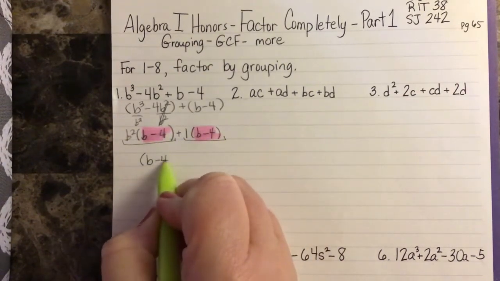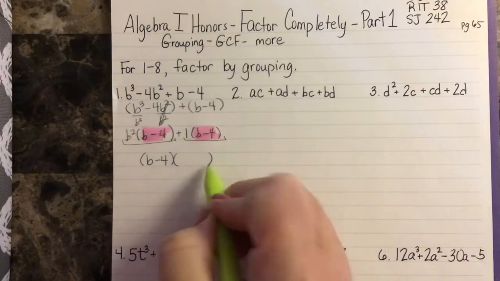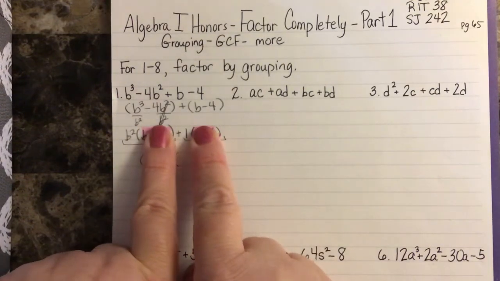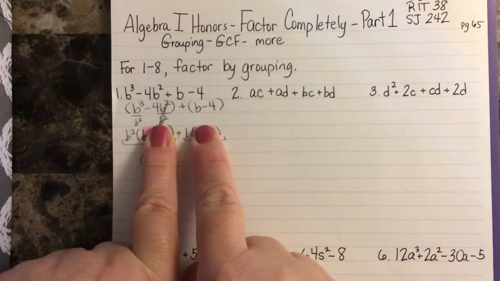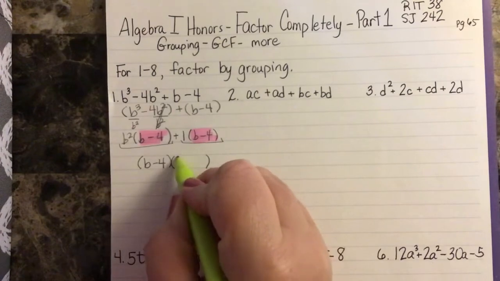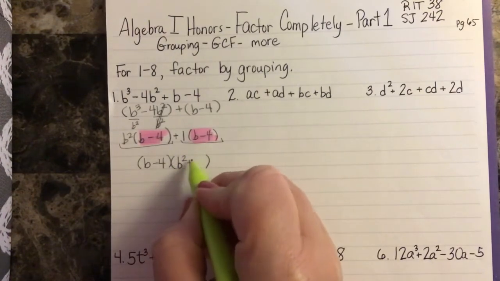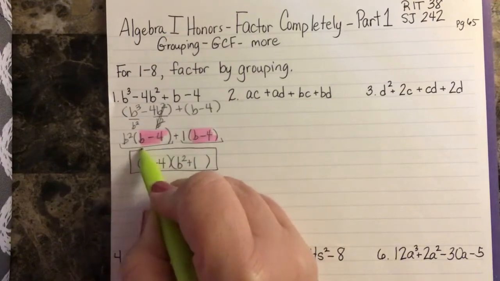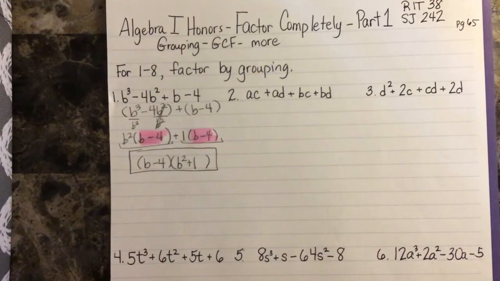So I'll bring down my b minus 4. In parentheses beside of it, I'll take away the common factor of b minus 4, and I have b squared plus 1 left. And in the set of real numbers, this is factored completely. But in the set of complex numbers, that would actually factor again, but that's something that you'll learn next year.